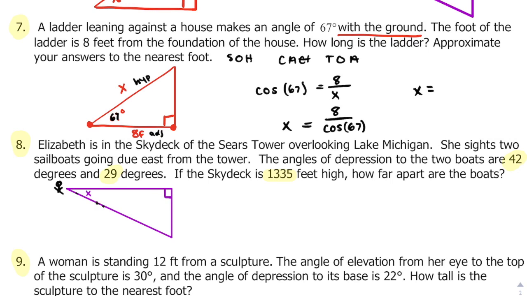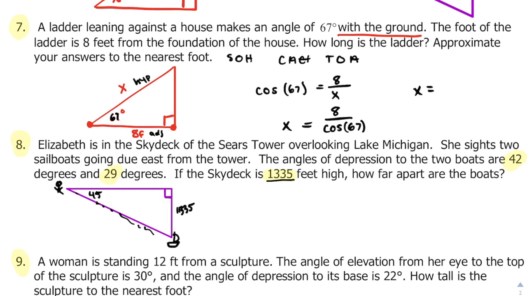She's looking down at a boat. That angle of depression that she's looking down at is 42 degrees. Now it says the sky tower is 1,335 feet high. So anytime we're talking about how high something is, it's going to be our vertical leg. And it says, how far apart are the boats?